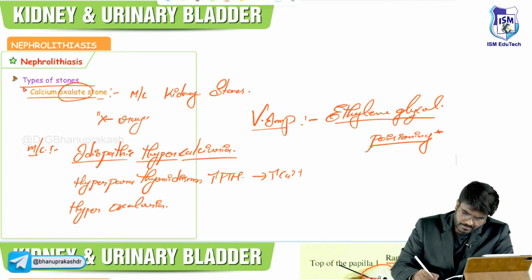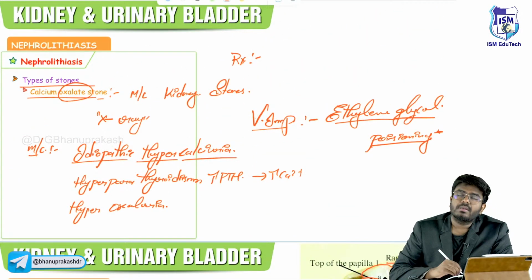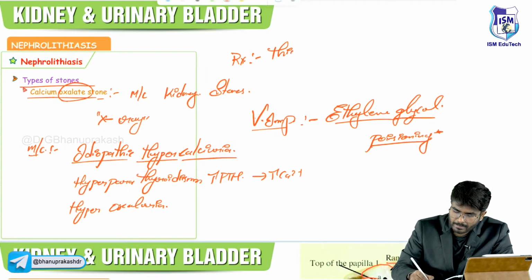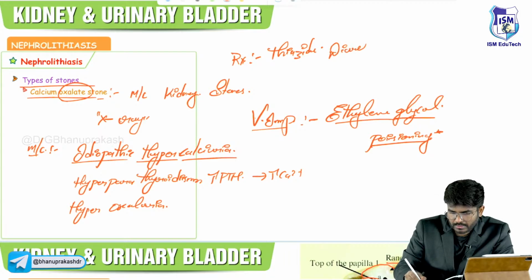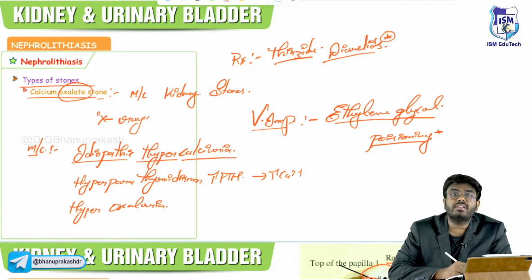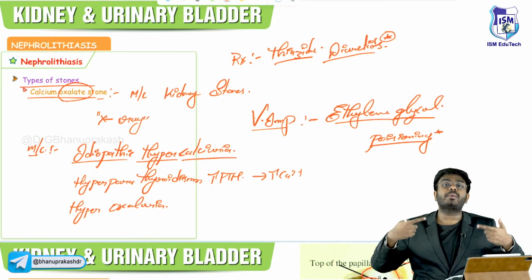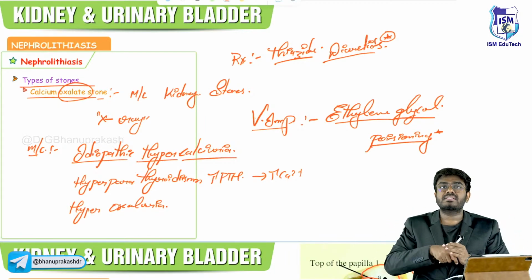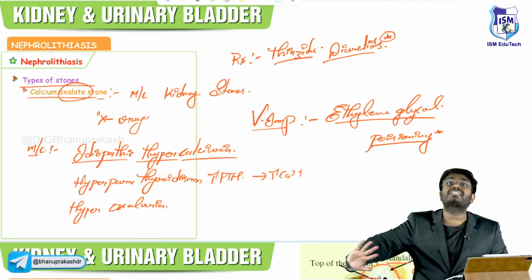The treatment for these calcium oxalate stones is going to be thiazide diuretics. Because I hope you already know, thiazide diuretics, what will they do? Thiazides increase the calcium reabsorption into the body. Thiazides decrease calcium excretion.